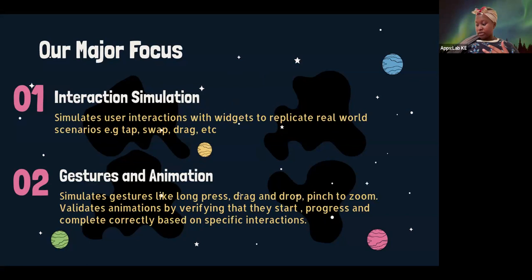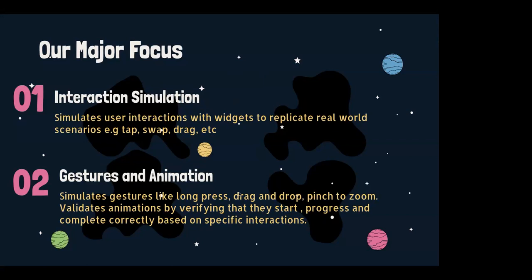Our other focus is the gestures and animation. Yes, I was saying, I guess it's like you see your app doing, like it goes to other screens, it taps on buttons by itself, like you're just watching the app navigate. So that's interacting, it's simulating how a user will be tapping.